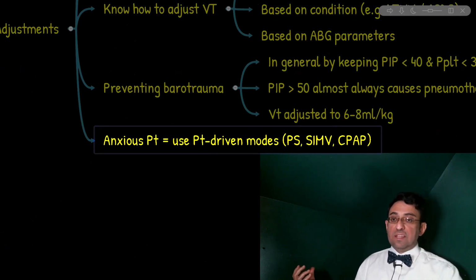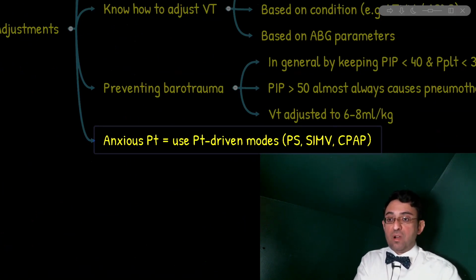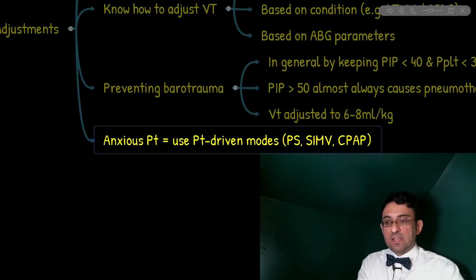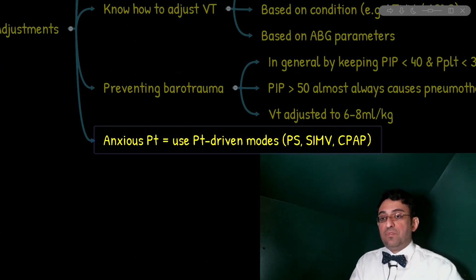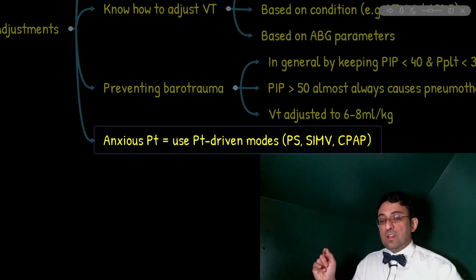The other side effect associated with inversed I to E ratio is auto-PEEPing or breath stacking, with increased risk of barotrauma. However, if the patient does not have hypercapnic respiratory failure or COPD, we may consider a trial of reversal of the I to E ratio. However, always remember, such an intervention requires the patient to be sedated.